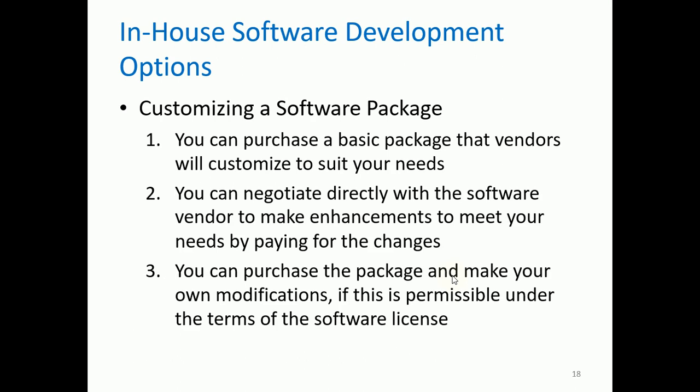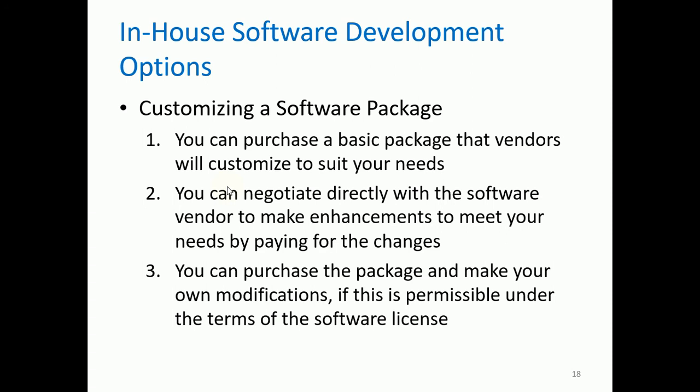Okay, aside from developing or buying a software package, you can also customize a software package. Number one, you can purchase a basic package that vendors will customize to suit your needs. So you're going to buy, but you're going to add features that are needed by your company. Number two, you can negotiate directly with a software vendor to make enhancements to meet your needs by paying for the charges.